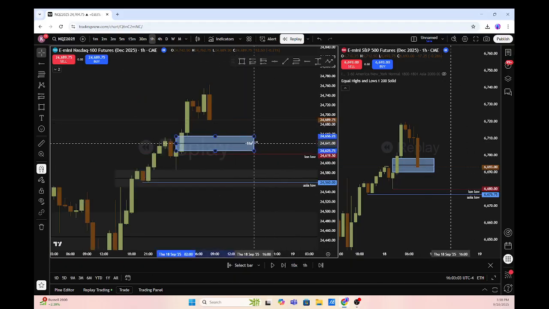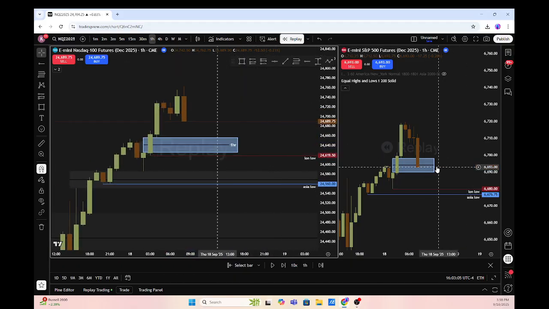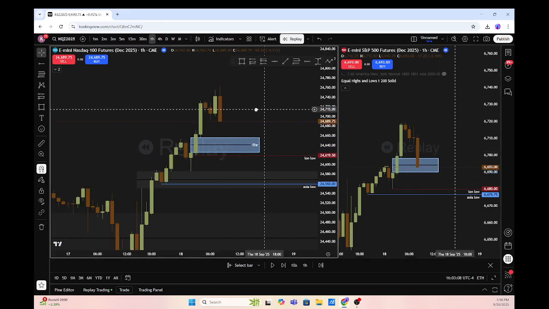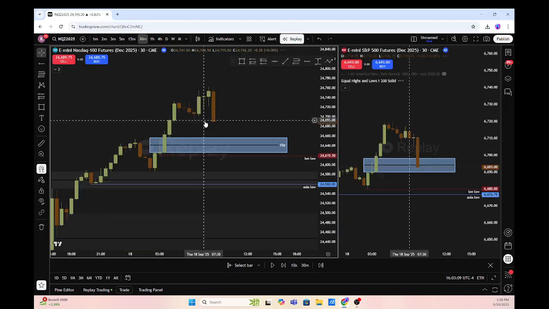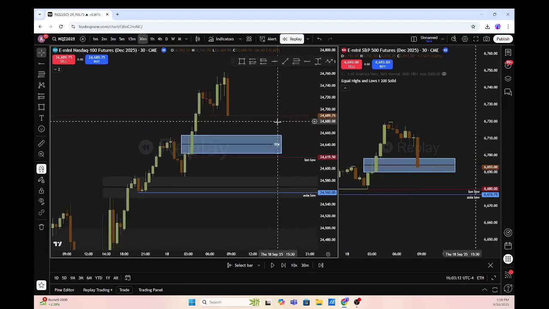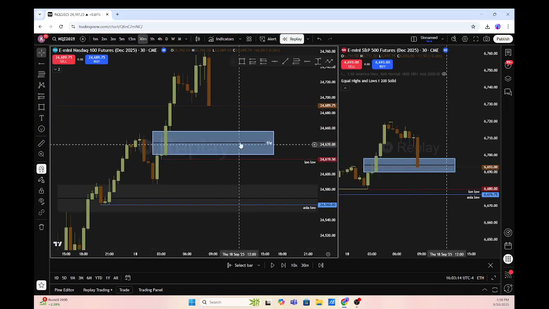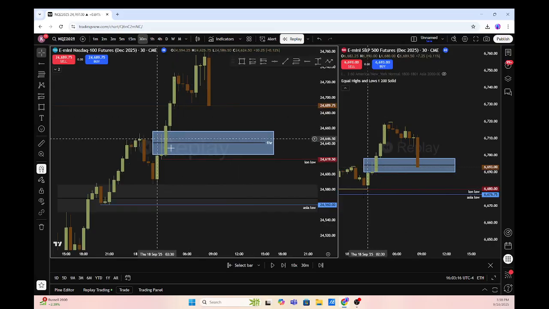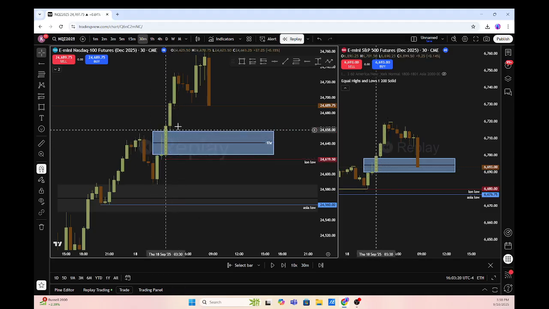So with that being said, I mark out this 1-hour gap right here, and then I drop down to the 30-minute time frame, right? And then what I do is I look for any 30-minute fair value gaps that are in this 1-hour gap, or right above it, right?